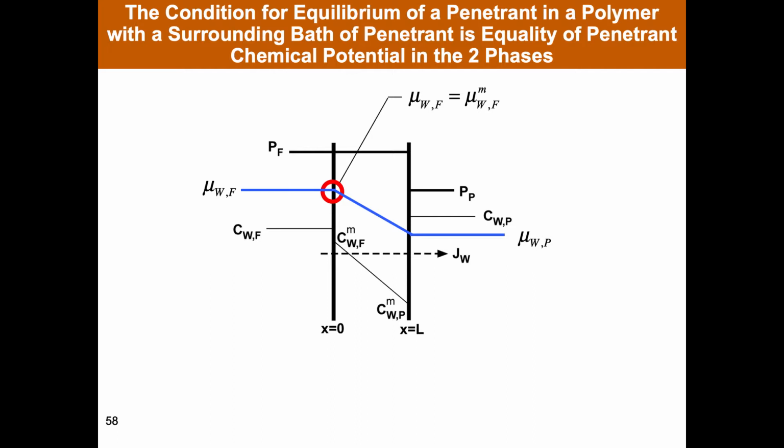Things with a superscript M on them are going to be in the membrane. So at thermodynamic equilibrium, the chemical potential of the water just next to the membrane surface and the chemical potential of the water inside the membrane are equal to one another. We'll take that as the gospel.